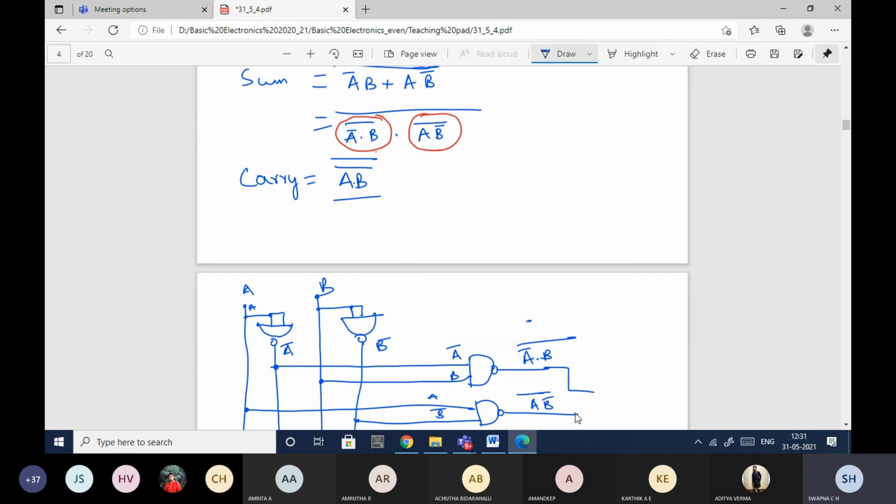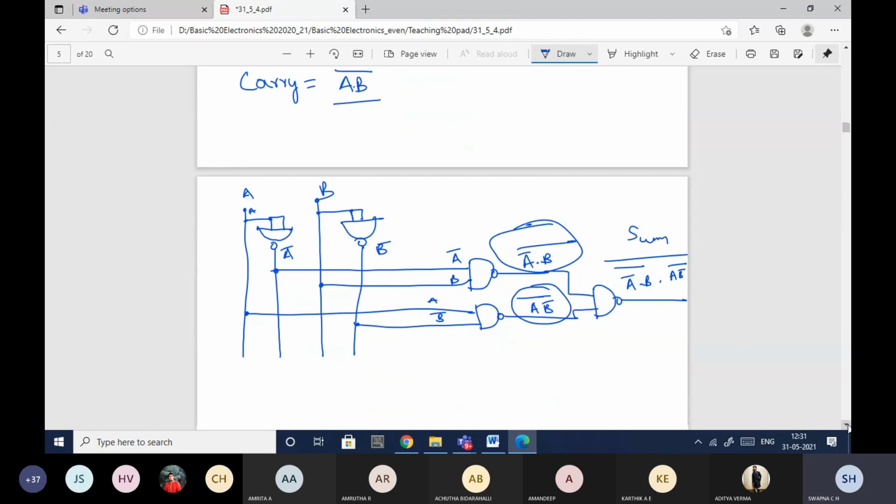I'll give it to one more NAND gate so that my output here will be equal to this input dot this input whole bar. This input in the sense A bar dot B whole bar, this first input dot second input A B bar whole bar. This dot this whole bar. So this is nothing but your sum.